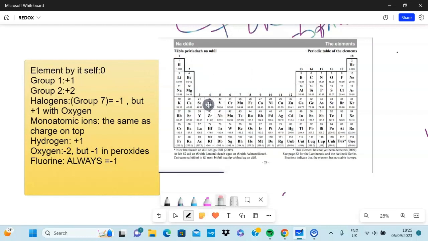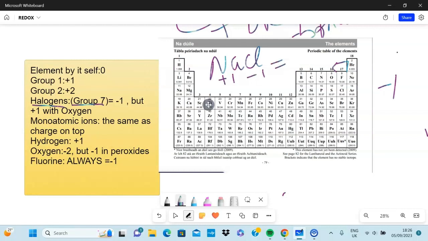Now halogens. Halogens is just a fancy name for group 7. It has 7 letters, that's how you remember group 7. So that's this one over here. That's -1 for most of them, except if it's bonded with oxygen, it's going to be +1. Don't worry about that too much, just keep that in your mind. So NaCl, going back to that example, Na, we know it's +1, and Cl would be -1.